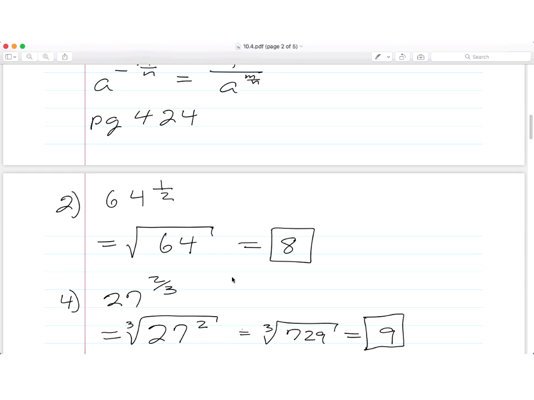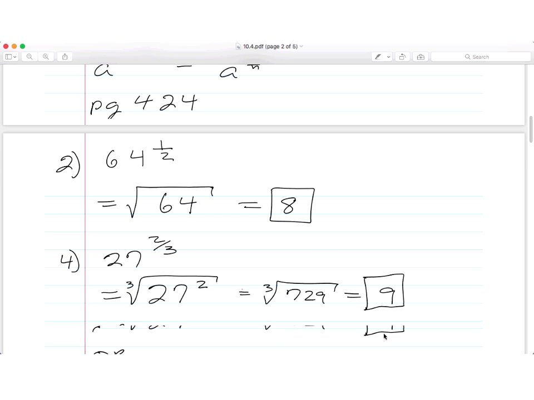So 27 to the power 2/3 is the same as the cube root of 27 squared. Well, 27 squared is 729, and the cube root of 729 is 9. So notice that 27 squared is not such a nice number, and the cube root of this is, again, because it's a big number, not so easy.